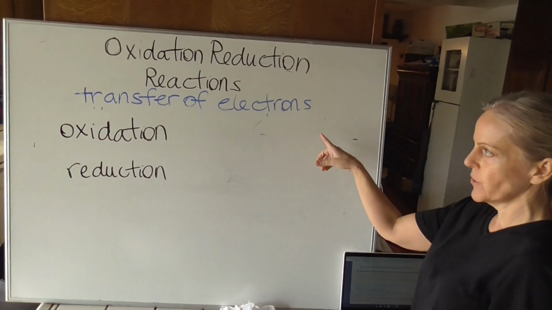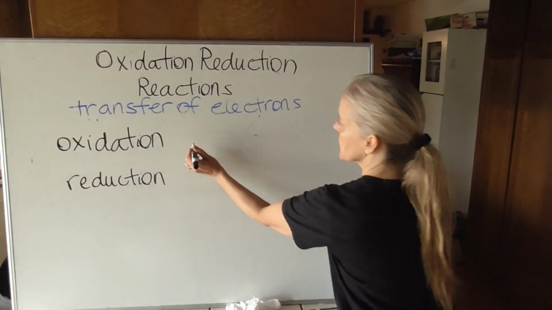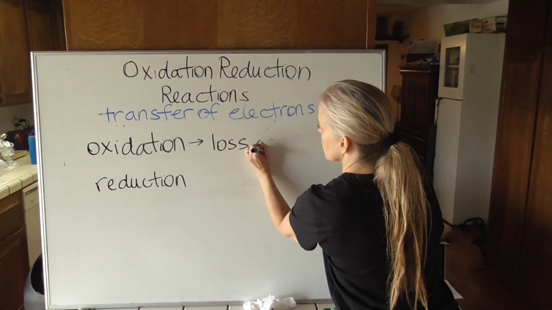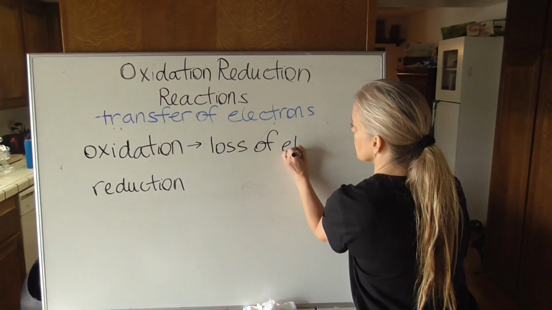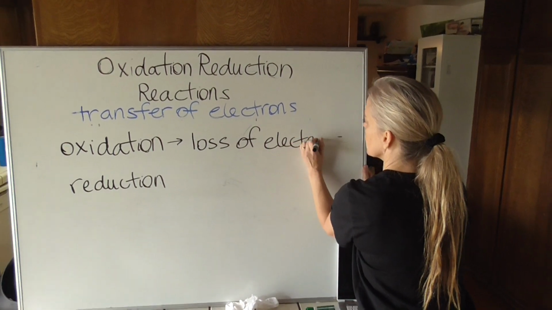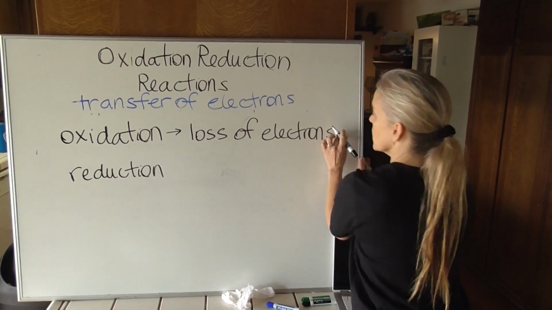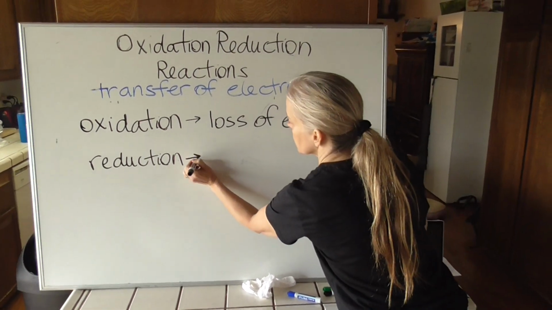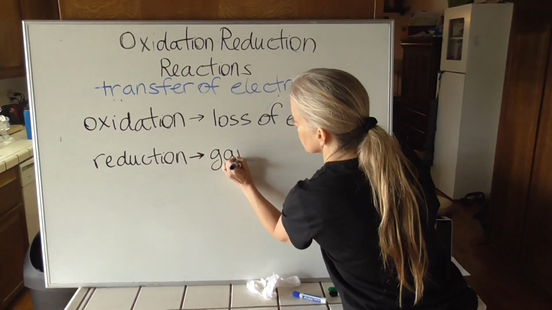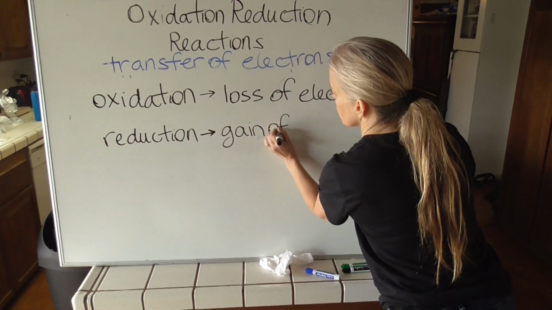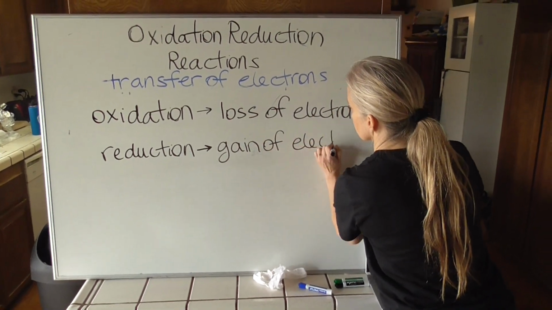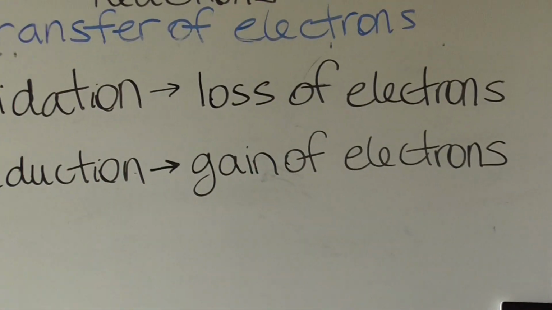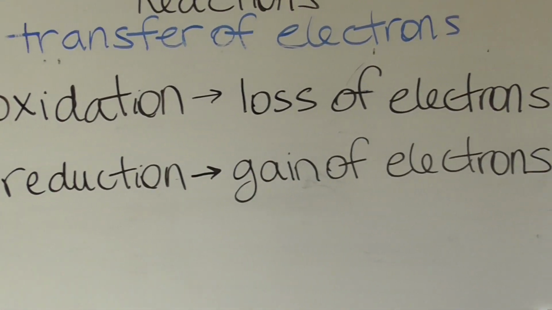That's the way that they transfer. So oxidation, that process, is the loss of electrons. Then reduction is the gain of electrons. So one atom's losing, one atom's gaining.